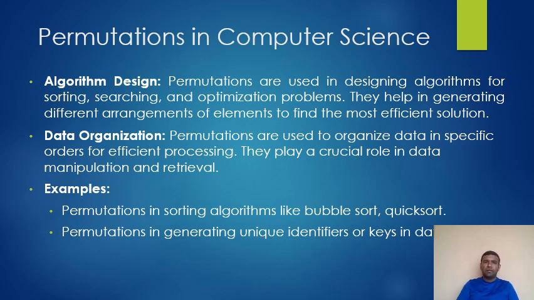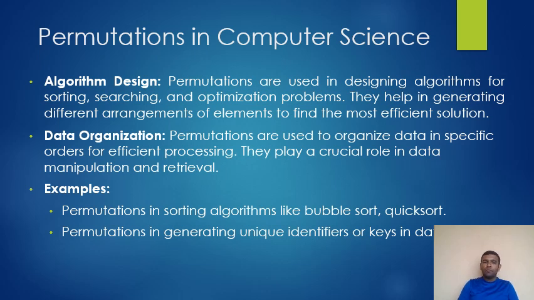Permutations always do in data manipulation, because you're going to keep on switching the elements every now and then. And for retrieval also, there are some software which hack passwords, if you know. It keeps on generating passwords until the real match is found. And that way it is done.